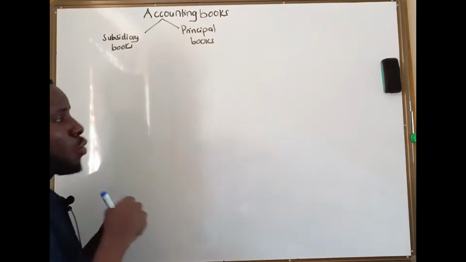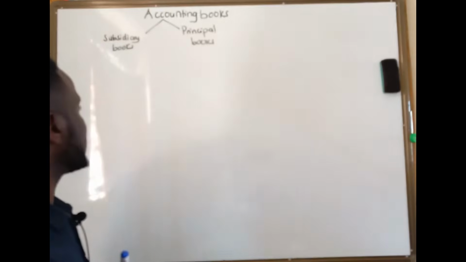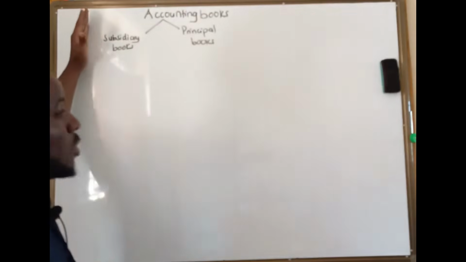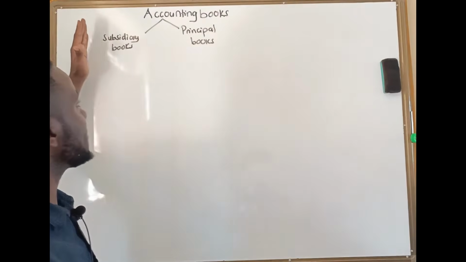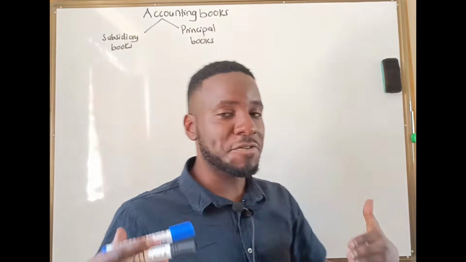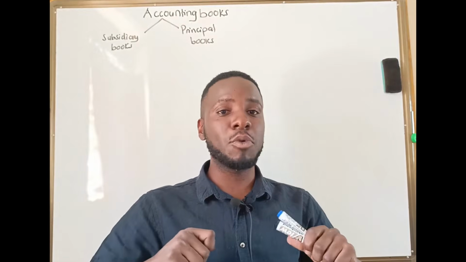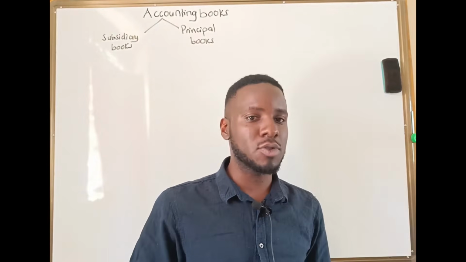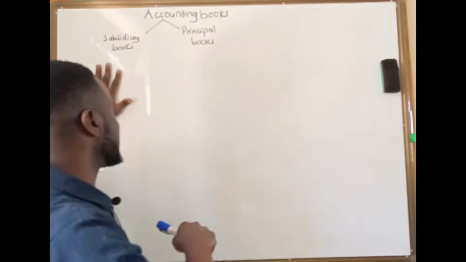When we talk about the subsidiary books, this is where we record transactions for the very first time. It's the first time we are entering this transaction into our books, so we record it under the subsidiary books.